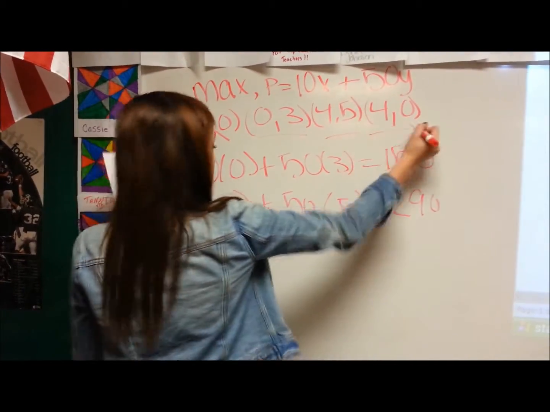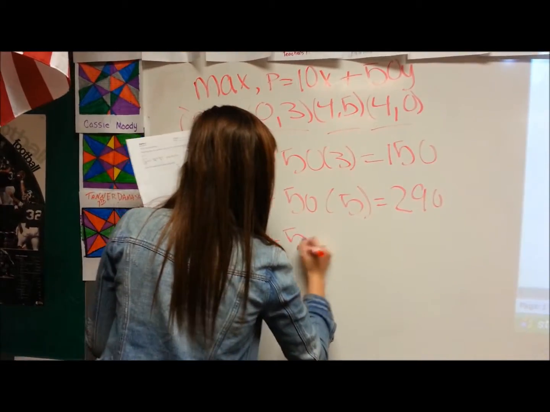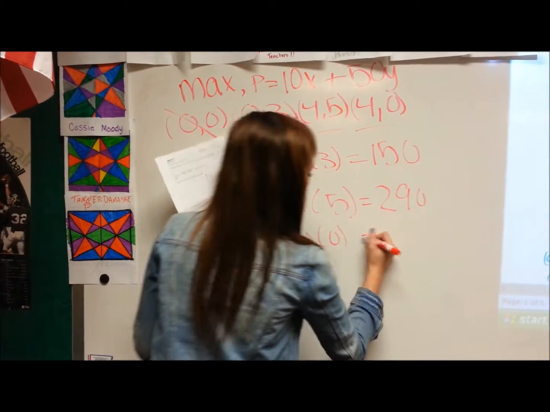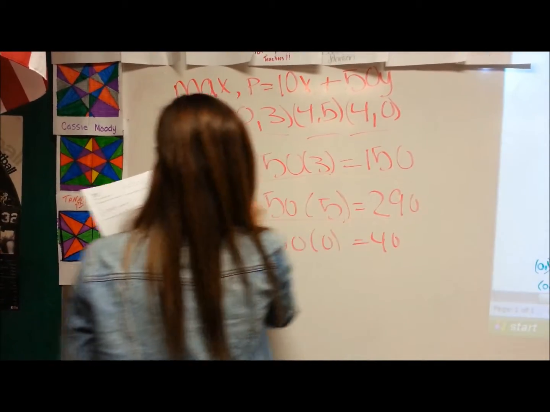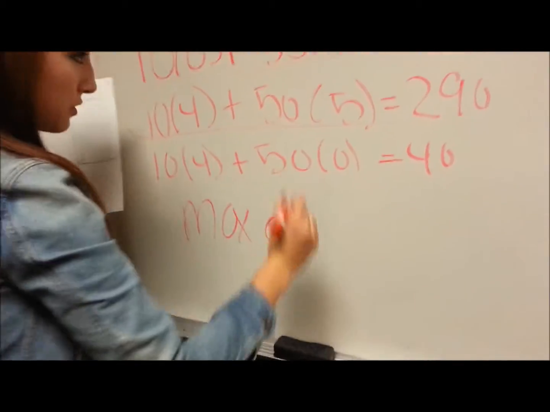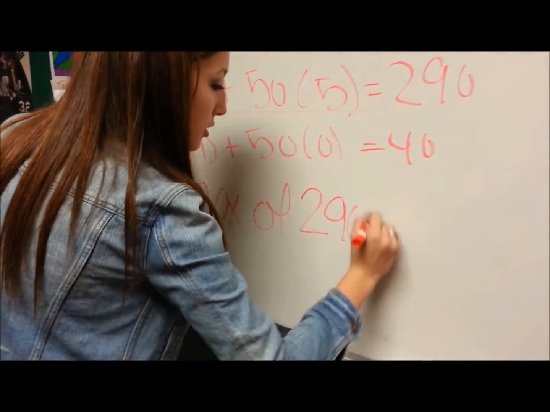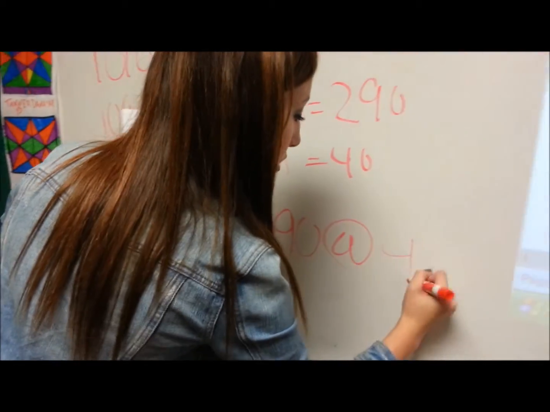And then you're going to use this equation, you're going to do 10 times 4 plus 50 times 0, and that's going to equal 40. So your max is going to be this equation, and it's going to be max of 290 at 4 and 5.